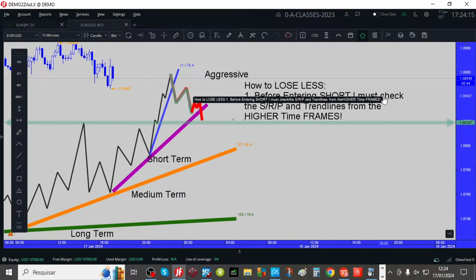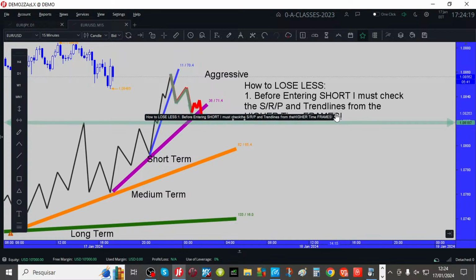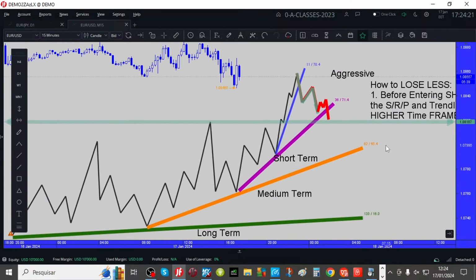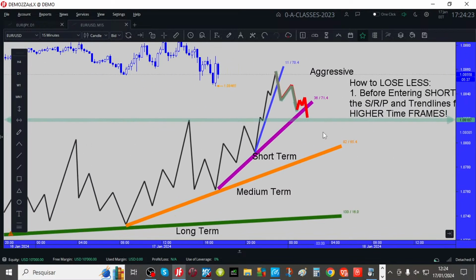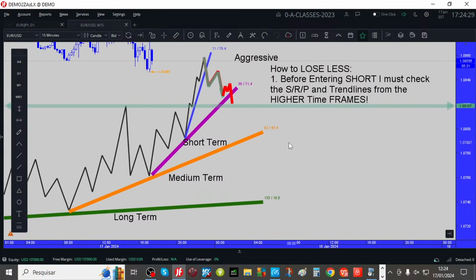Before entering short, I must check the support, resistance and the trend lines from the higher time frames. So everybody, what do you think? Now, how to lose less?